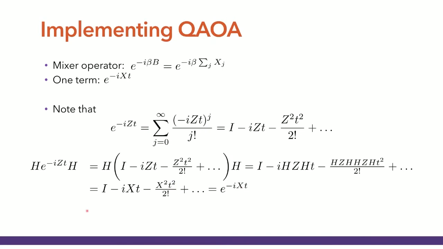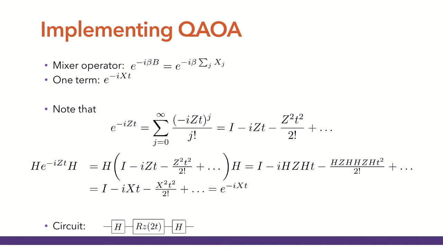This is simply because Hadamard Z Hadamard is equal to X. And by just looking at the power expansion, you can see that this is indeed the case. So to simulate exponent of minus I XT, all we do is apply Hadamard, the Z rotation, then Hadamard. And this gives us a circuit to simulate the entire QAOA ansatz.